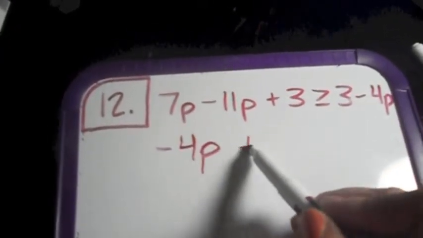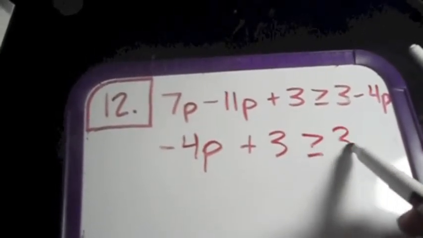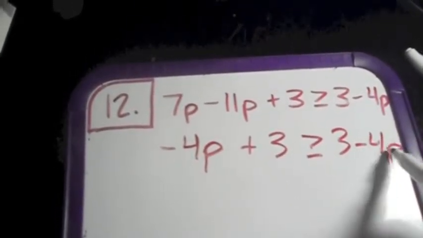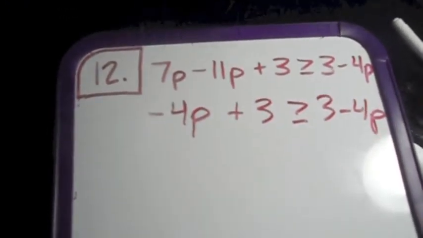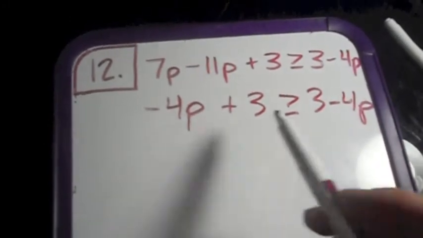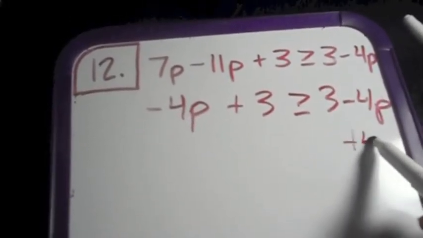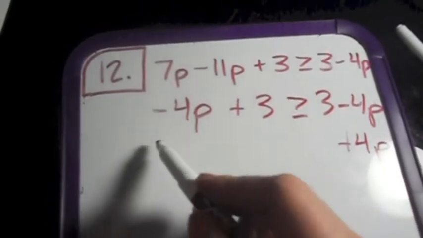So we have plus 3 is greater than or equal to 3 minus 4p. Okay, well, let's combine like terms. I see a p over here and a p over here. Let's just move all the p's to the left. So I would add 4p and add 4p.